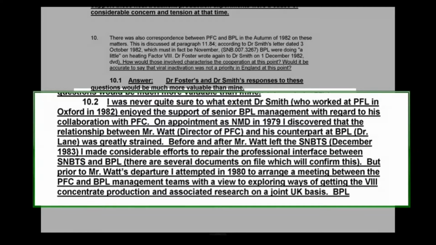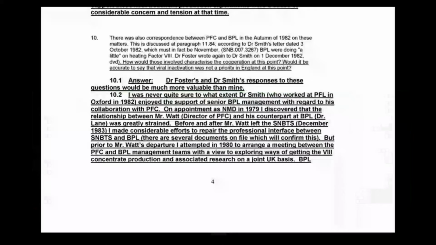Before and after Mr. Watt left the SNBTS, December 1983, I made considerable efforts to repair the professional interface between SNBTS and BPL. Prior to Mr. Watt's departure, I attempted in 1980 to arrange a meeting between the PFC and BPL management teams with a view to exploring ways of getting the 8 concentrate production and associated research on a joint UK basis.